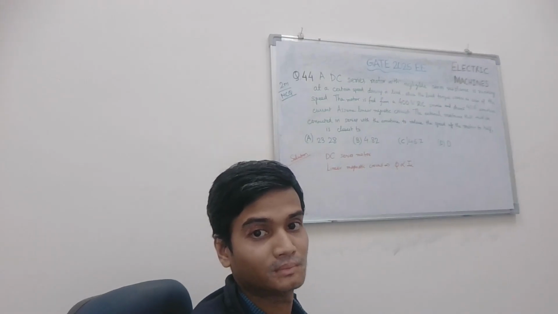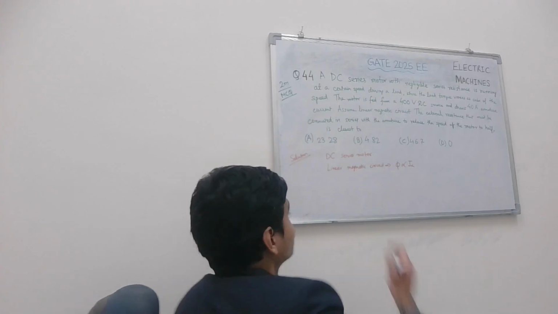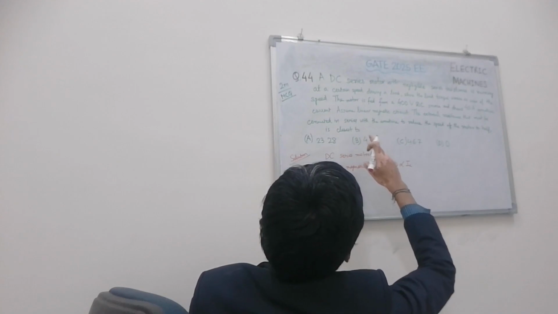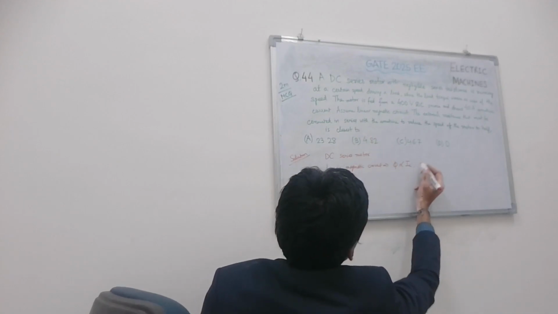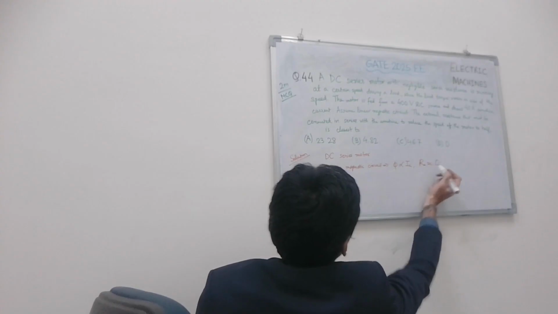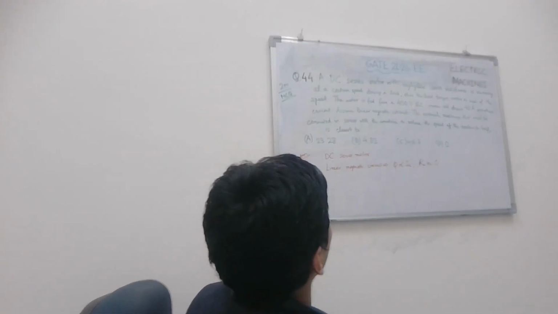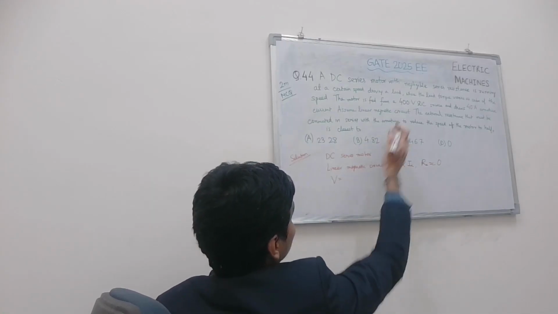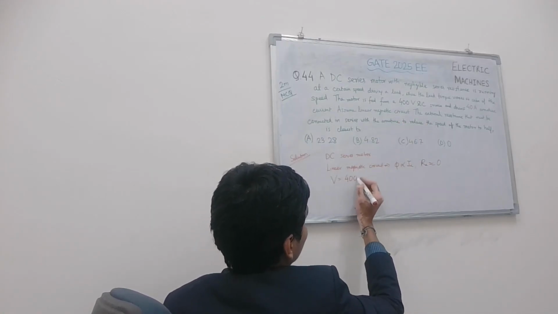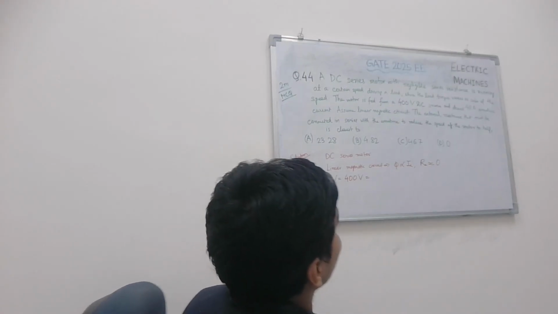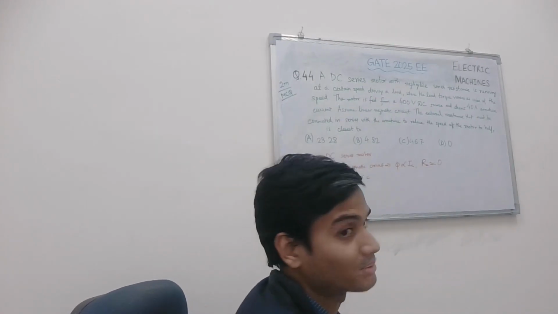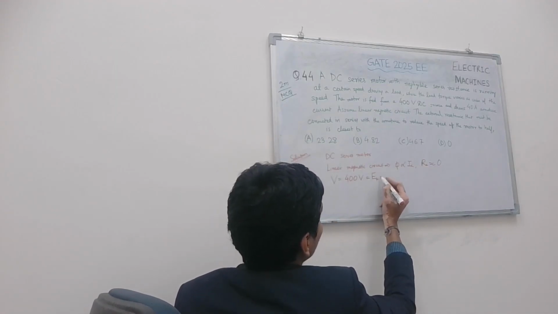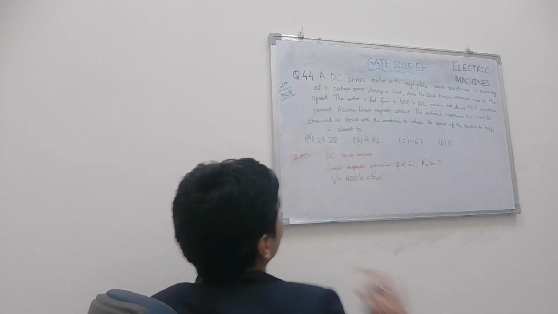It is given as negligible series resistance, that is Ra is negligible, approximately 0. So initially the terminal voltage is the DC voltage given, and as there is negligible internal resistance or armature resistance, the induced EMF or the back EMF is also 400 volts at no load.